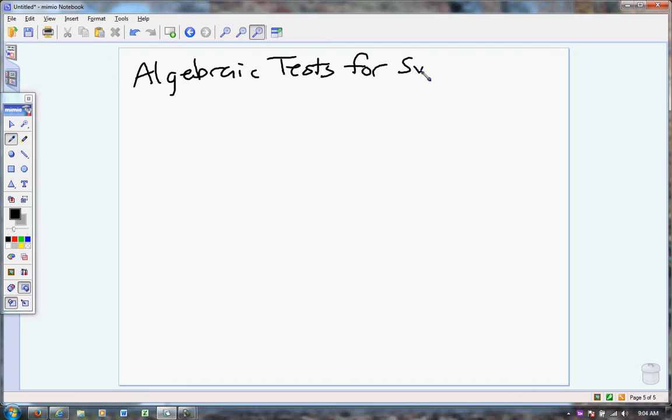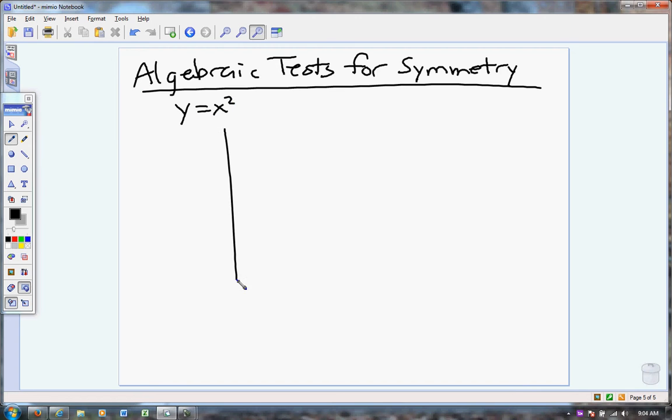All right? Now, there's some algebraic tests that you need to know. You also need to be able to check for symmetry algebraically. And it's probably helpful for us to see this on a graph so you know what we're talking about. Let's say that I had y equals x squared. That graph is the graph of a parabola. Something like that.